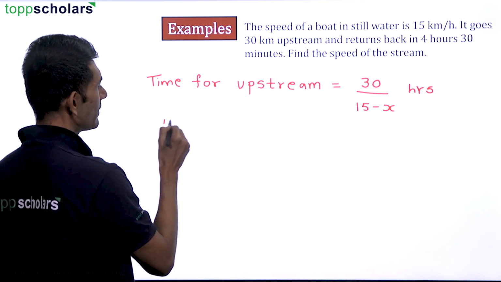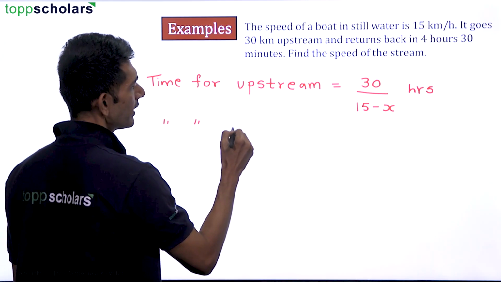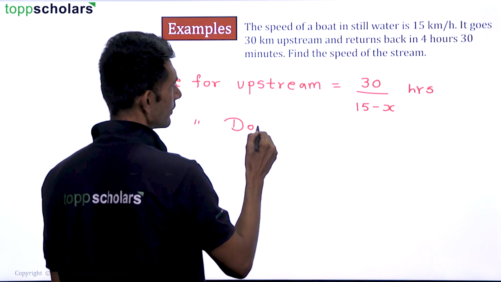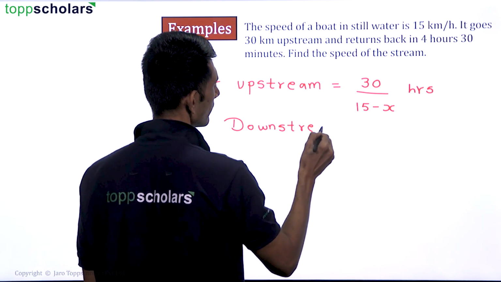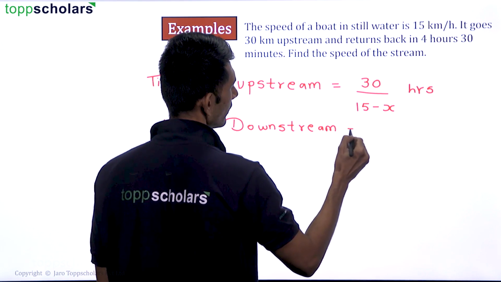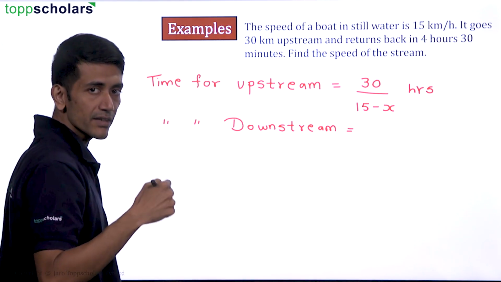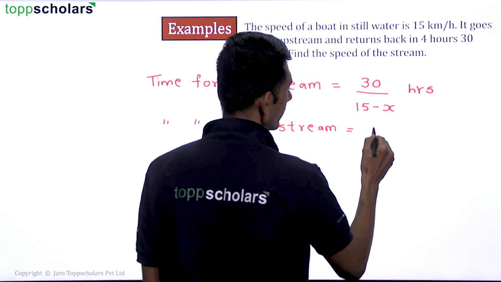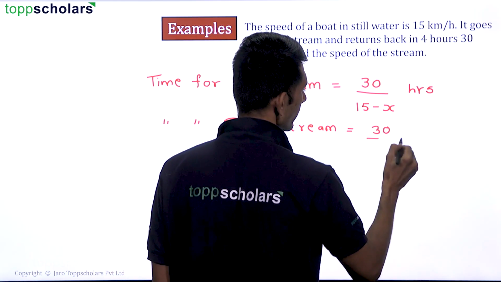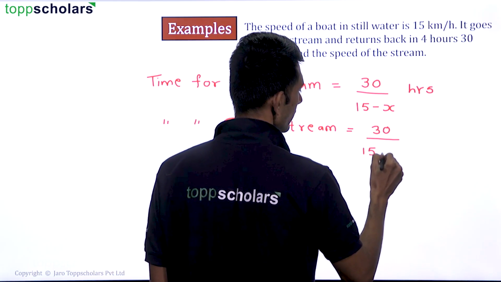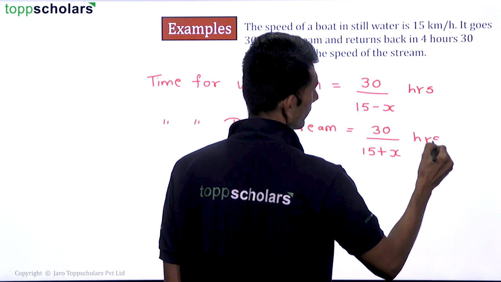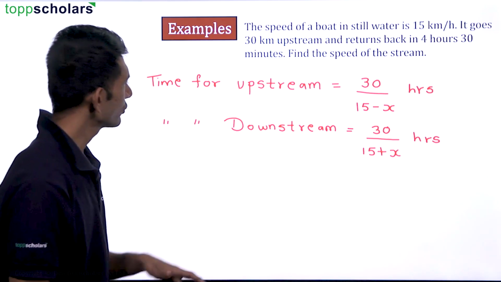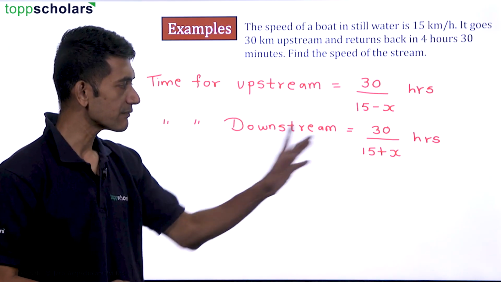Similarly, the time taken for downstream will be equal to distance divided by speed, that is 30 divided by 15 plus x hours. So this is the time for upstream, this is the time for downstream.